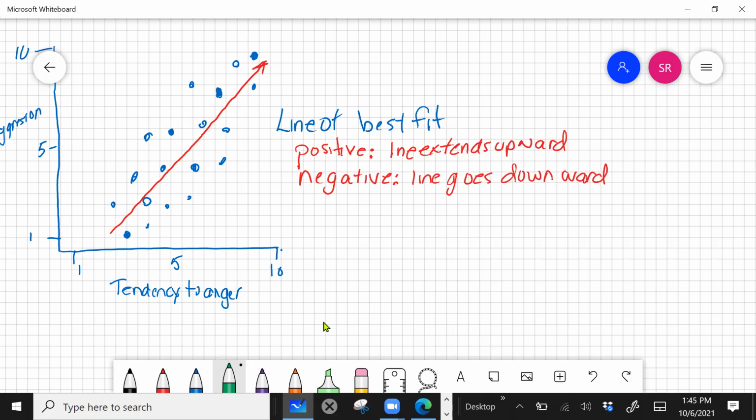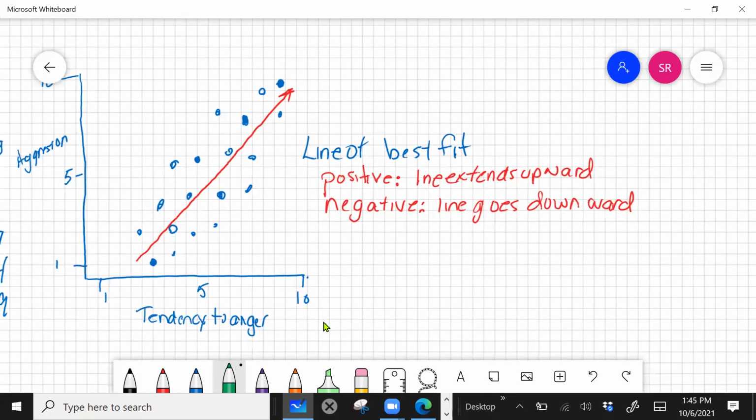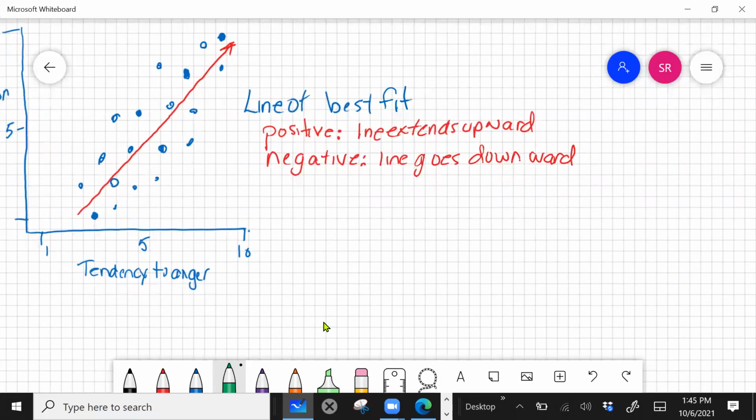It's really hard to teach correlation without a pen. I guess I'll use my finger. That's not working either. Thanks for your patience, people. Need to get myself a couple more pens.